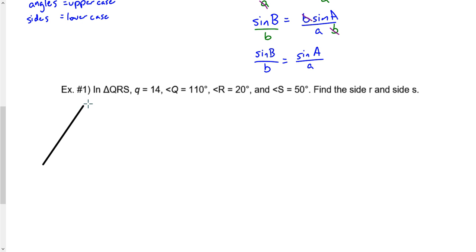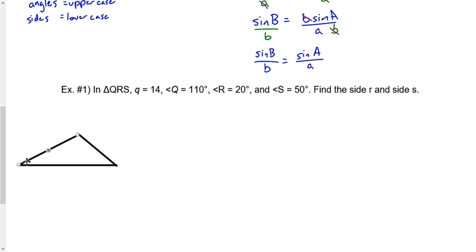To help us, I always like drawing some kind of triangle. It doesn't have to be drawn to scale, though the more to scale you can draw it, the better. For example, I want to have a 110-degree angle, and maybe have the others being 20 and 50.